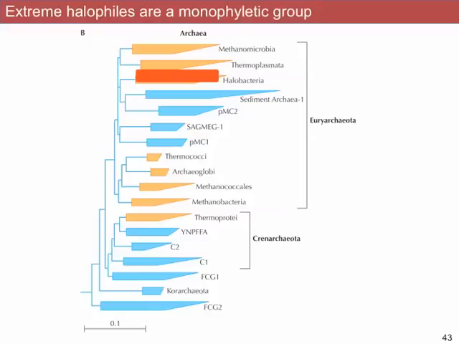Unfortunately, their formal name is the halobacteria, even though they're Archaea, but we're going to ignore that for a minute. Many people refer to them as haloarchaea now, but it goes back and forth. There's just one monophyletic group that has figured out this way to fill up the inside of the cell with salts to compensate for growing in these high salt environments.